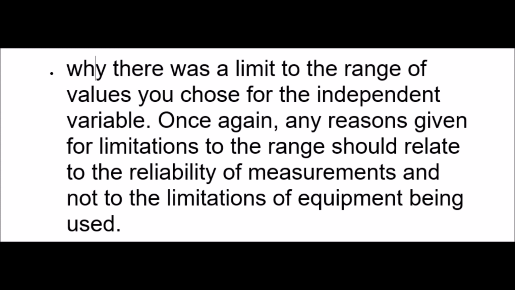The next point is about the limit of the range of values we chose for the independent variable. So that's inviting us to think, why didn't we go any smaller than 10 centimeters for the length of our pendulum or any greater than 1 meter for the length of our pendulum? We're really trying to force ourselves to think about, physically, why were there limitations on that?